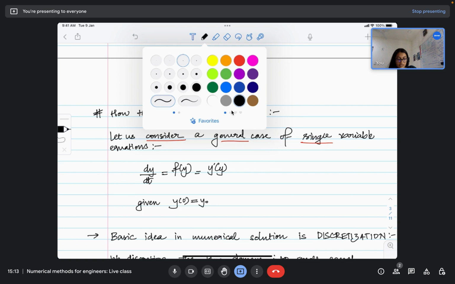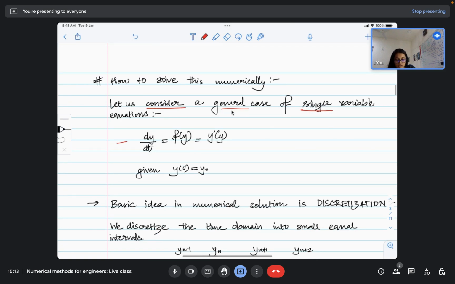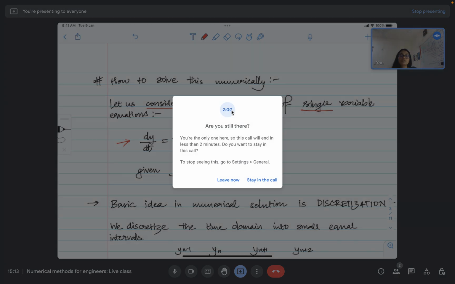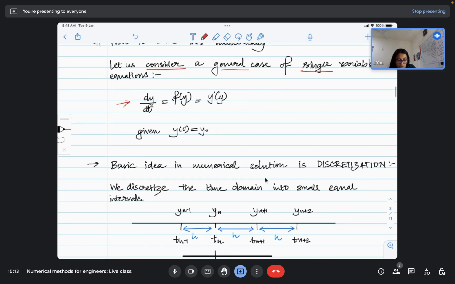This is the ordinary differential equation that is given to us, and we are trying to solve it and find out the solution for the differential equation. Again, what is given to us is y at the initial condition t naught is equal to y naught. That is the value that we know.